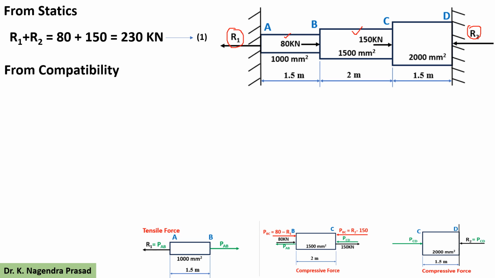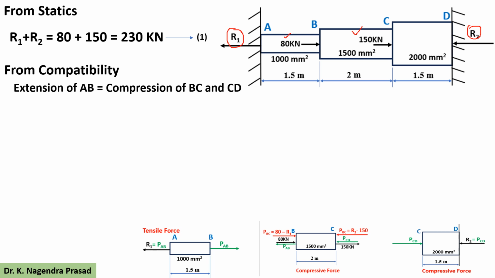From the compatibility, extension of AB equal to the compression of BC and CD. Here tensile forces are acting on portion AB, so it will be elongated, and compressive forces are acting on portion BC and CD, so they will be compressed.